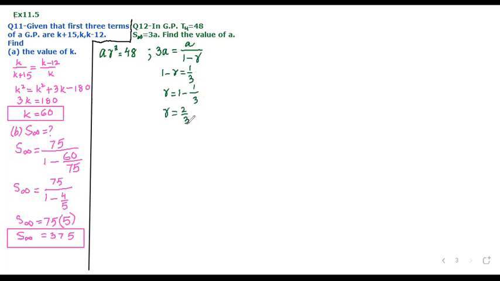Using this value of r in this equation, which is ar cube equal to 48, the value of r is 2 upon 3 whole cube equal to 48.